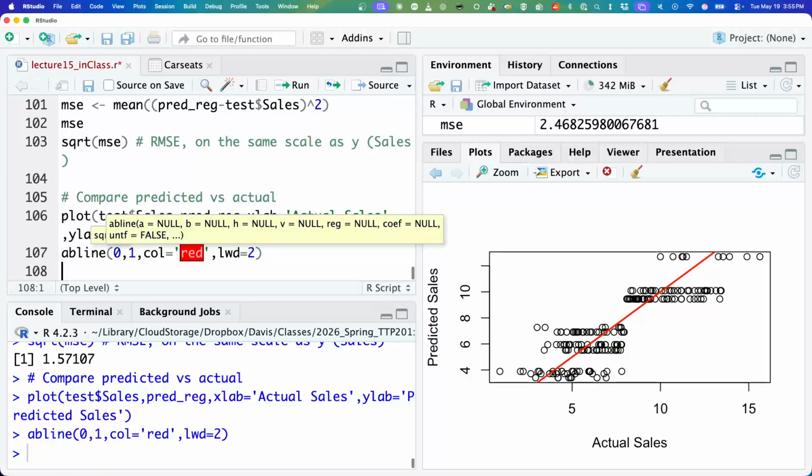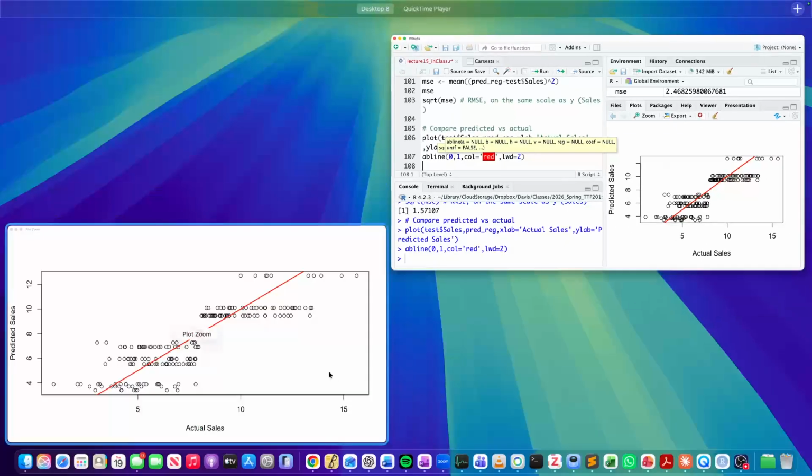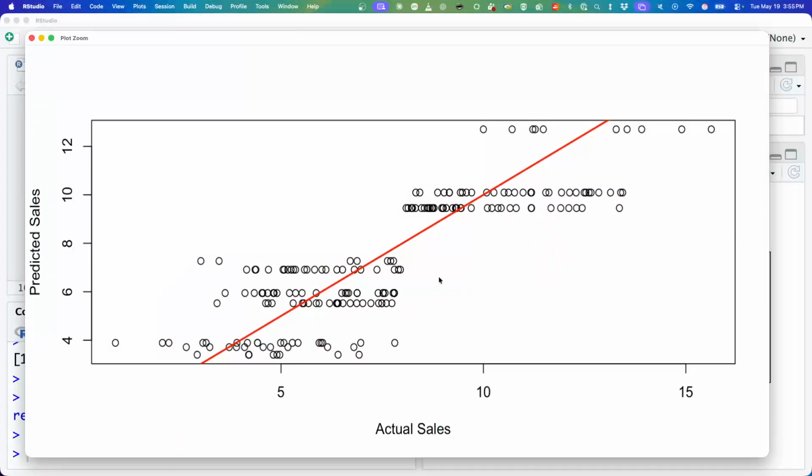Okay, so here we can see what our predictions for actual versus predicted sales are, with the line indicating where they would be the same.